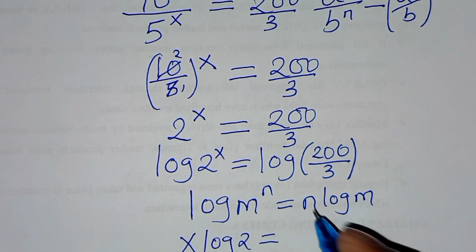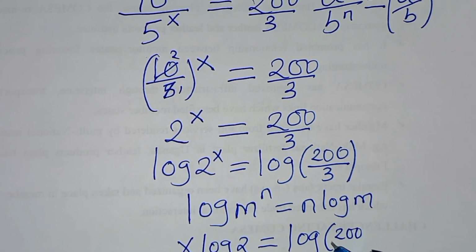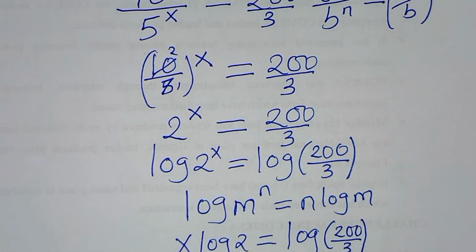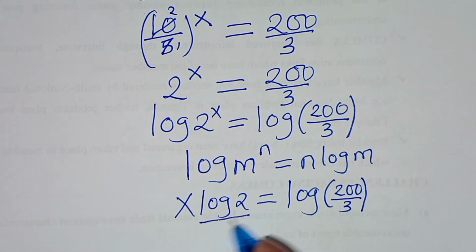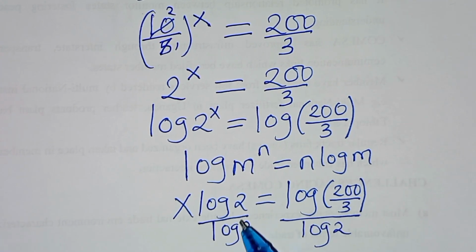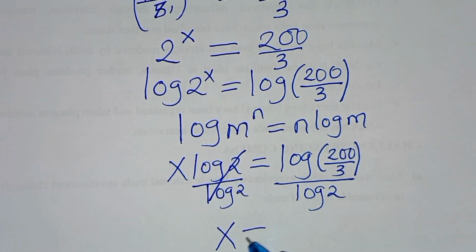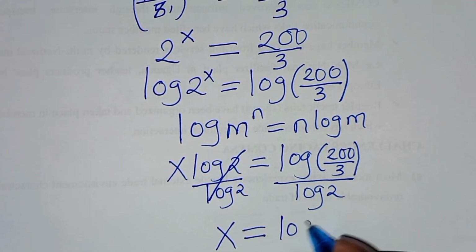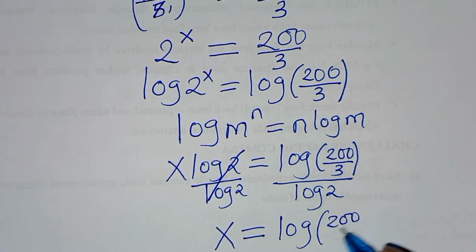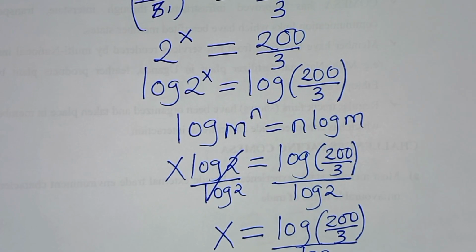This is equal to log 200 divided by 3. And therefore we divide both sides by log 2 and also here by log 2. So we simplify here, so that now x is equal to log 200 over 3 divided by log 2.